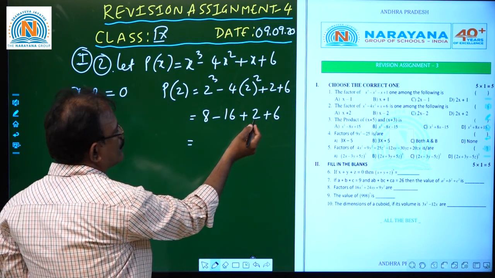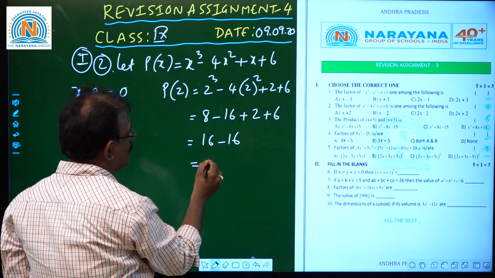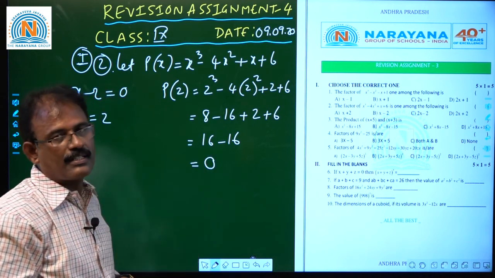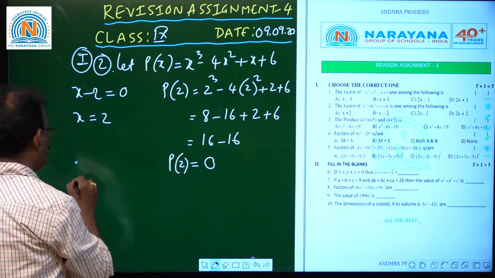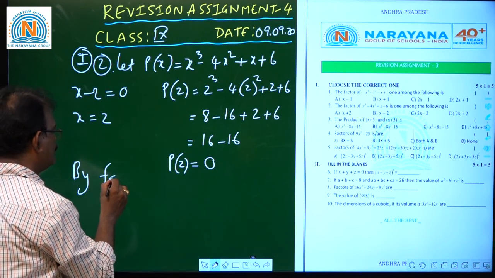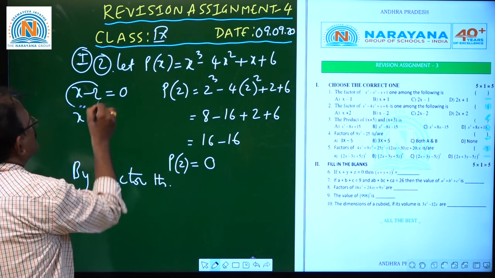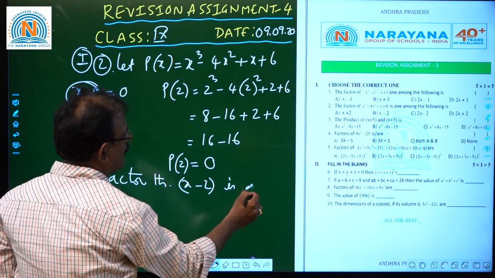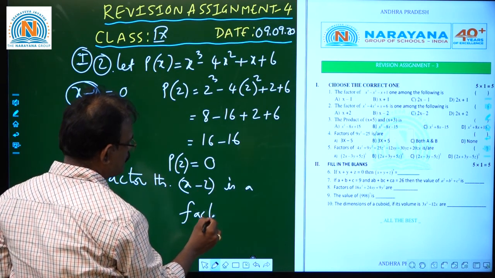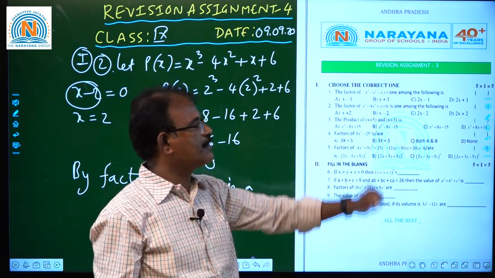So 8 plus 2 is 10, 10 plus 6 is 16, 16 minus 16 is 0. As p of 2 is 0, by the factor theorem, x minus 2 is a factor of the given polynomial. So it is there in the second option, children.